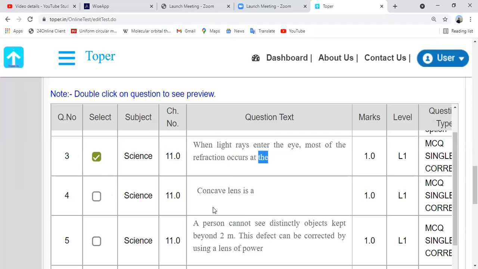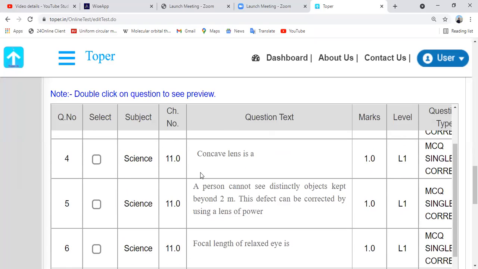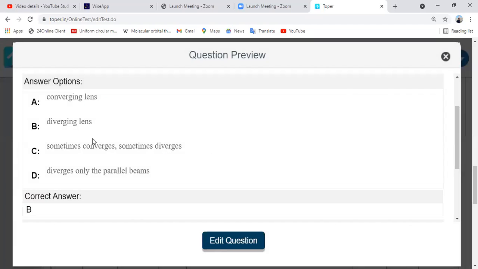Now question number fourth. Concave lens is diverging lens. So this diverging lens question was from the first chapter, light, right? But we have used the converging and diverging lens, meaning concave and convex lens, for correcting eye defects.